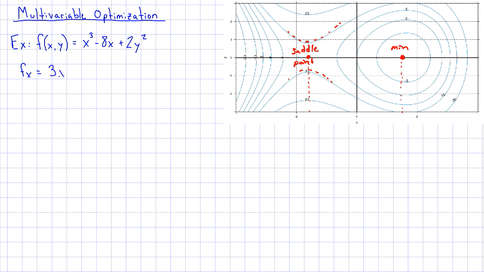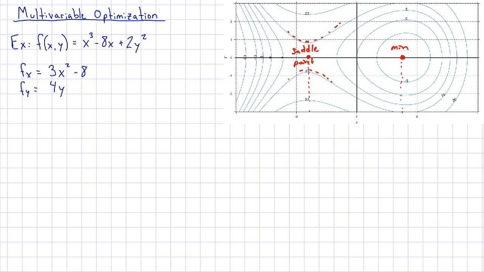So I have 3x squared minus 8, and then the 2y squared, because I'm forcing it to act as a constant, goes to 0. And then when I take my derivative with respect to y, I force my x to be constant. So my x cubed and my minus 8x, both of those go to 0, and I end up with 4y.